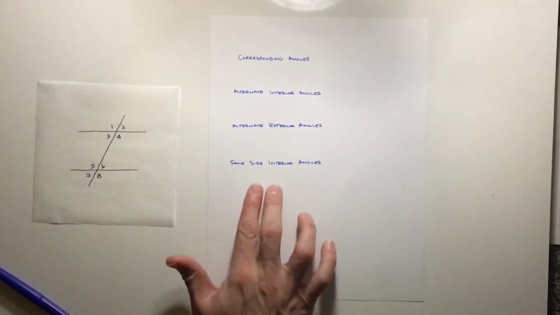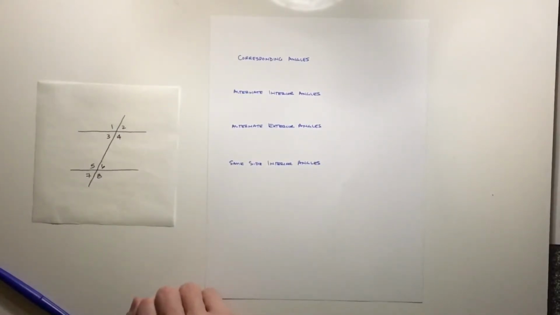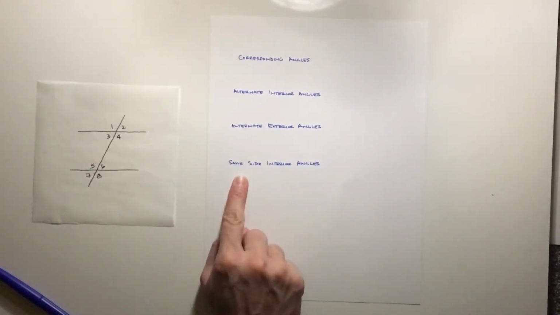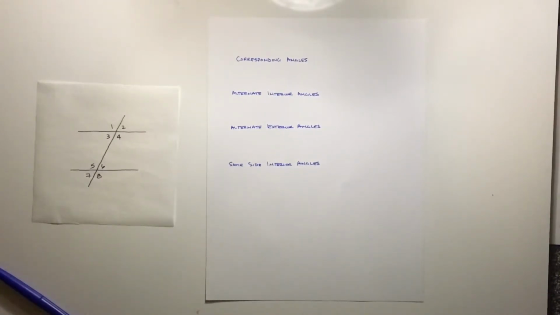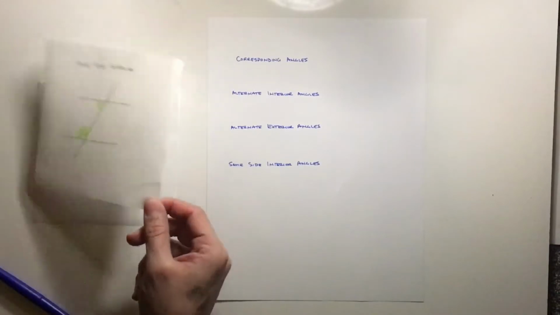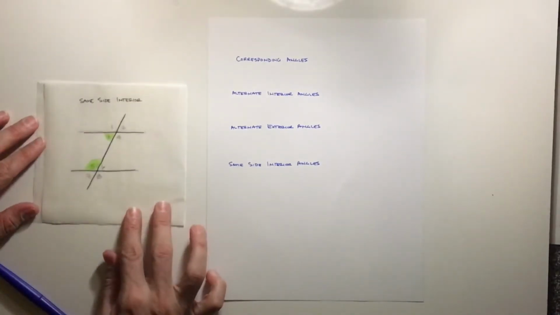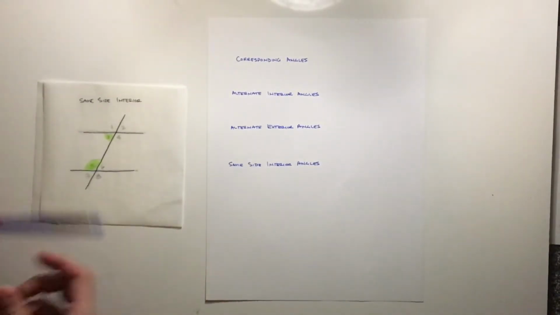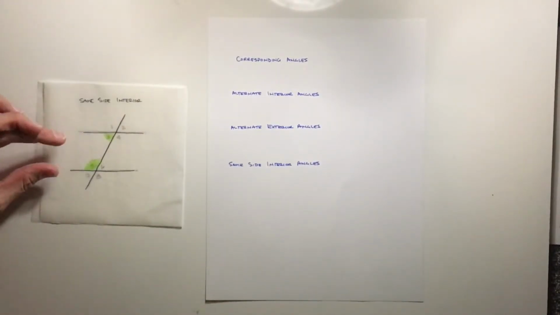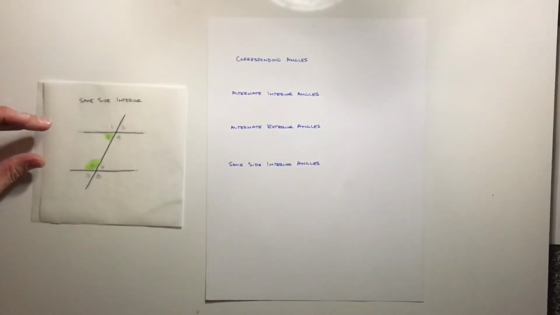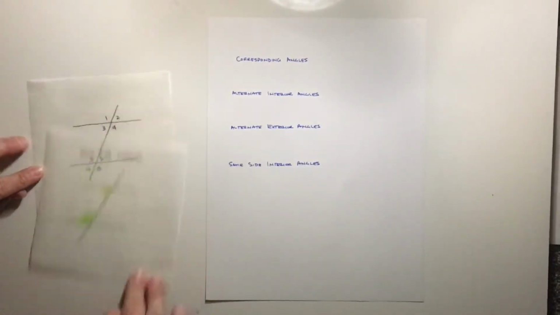For example, same side interior angles are two angles that are on the same side of the transversal and on the interior of the two lines that have been cut. Very straightforward. An example would be angles 3 and 5. As I overlay here, we can see that the two angles are on the same side of the transversal and inside of the two lines that have been cut. Same side interior angles. Quite obvious.